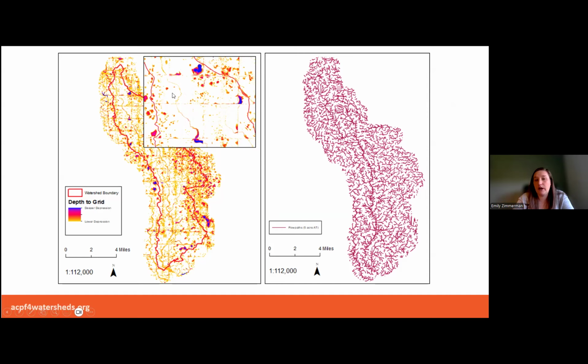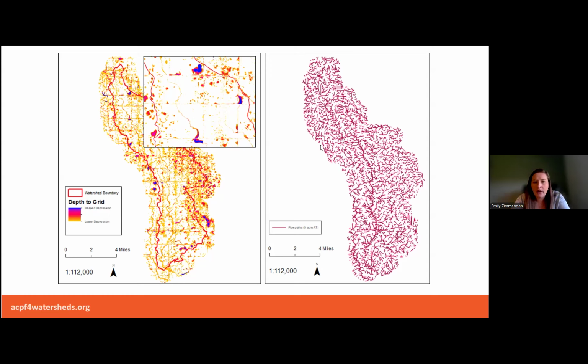We're looking for these areas of closed depression, and then we're also starting to move beyond just flow accumulation to really understanding the pattern of flow on the landscape. So in this step, we're looking at all of the flow paths that are accumulating more than 5 acres. This is taking that rough raster and moving it into a flow path.